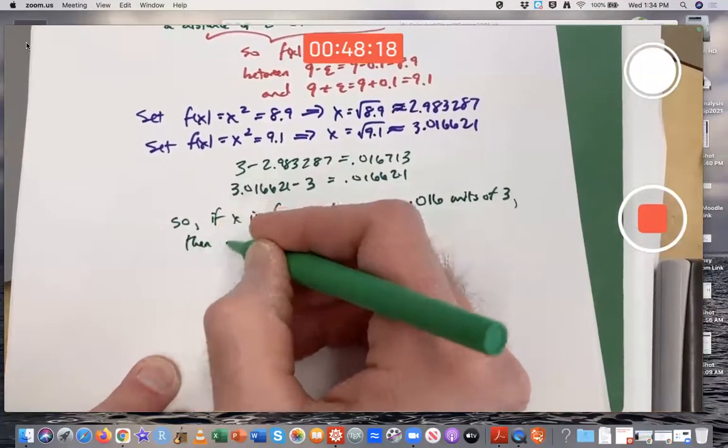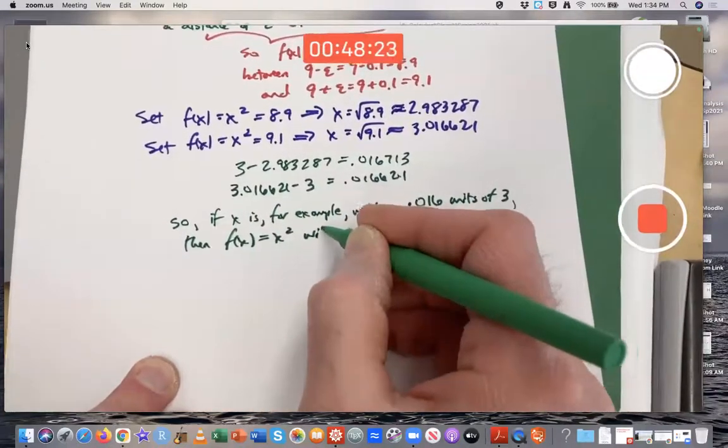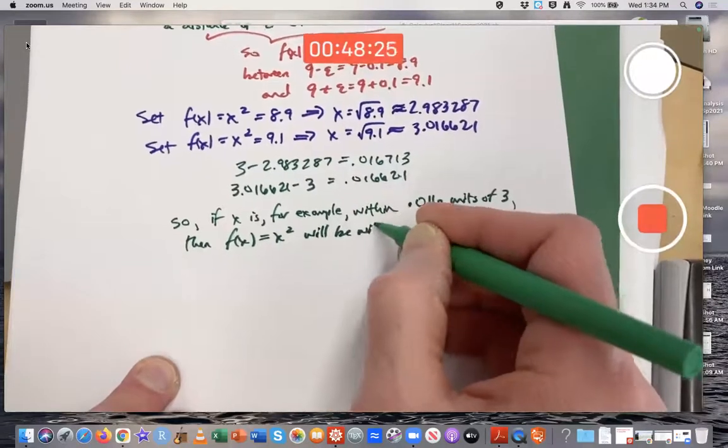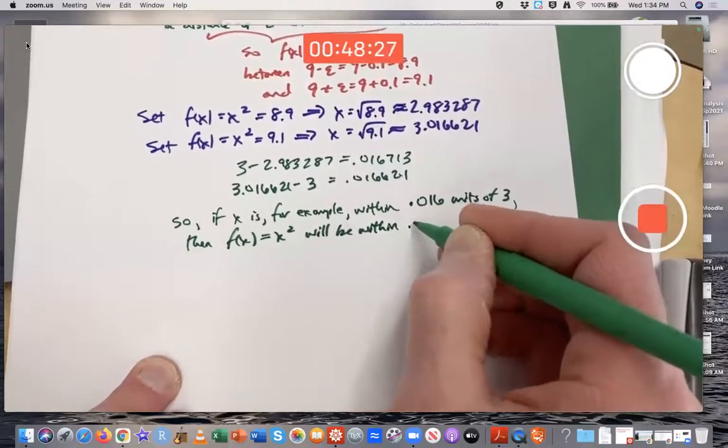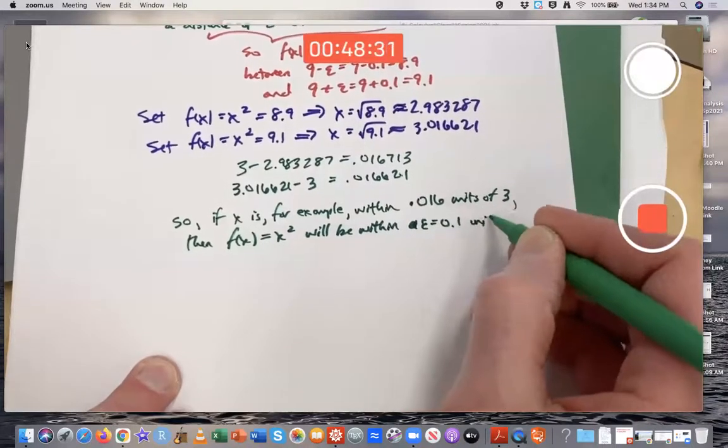Then f of x equals x squared will be within 0.1 units, epsilon equals 0.1 units, of 9.